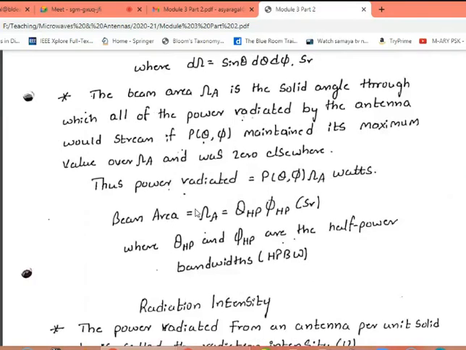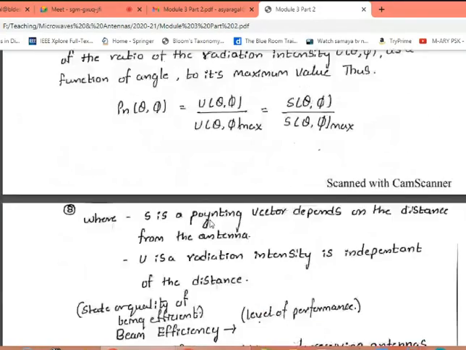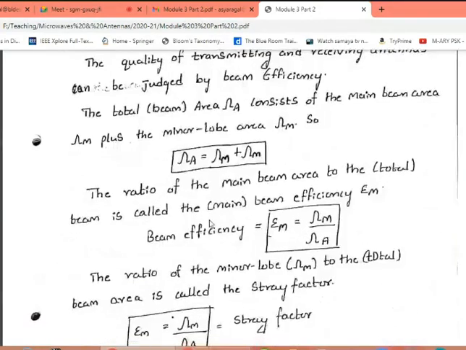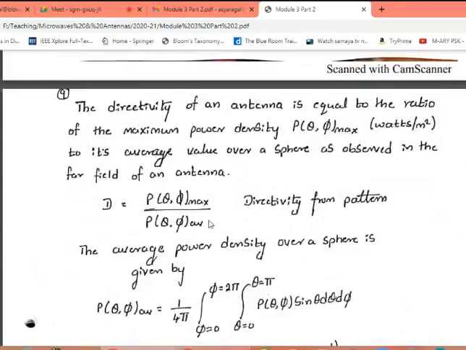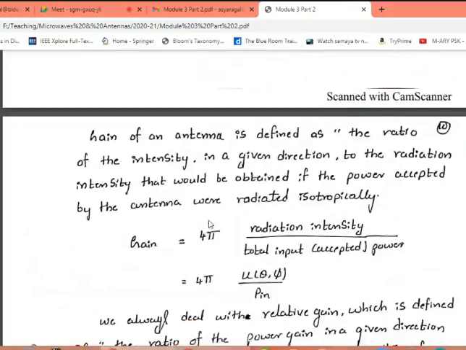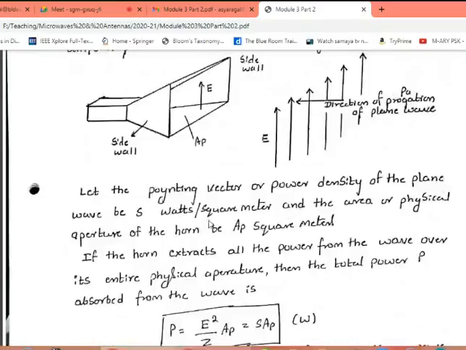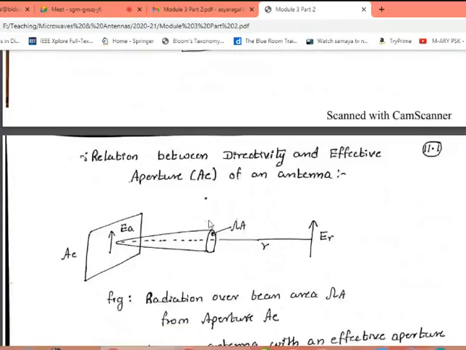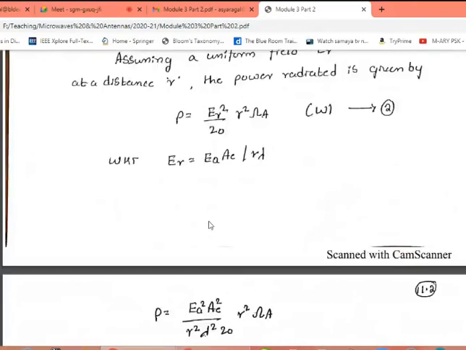Thereafter, we understood the radiation intensity, the beam efficiency, the stray factor, directivity, gain, and the antenna aperture. After that, we understood the relationship between the directivity and the effective aperture of a particular antenna.